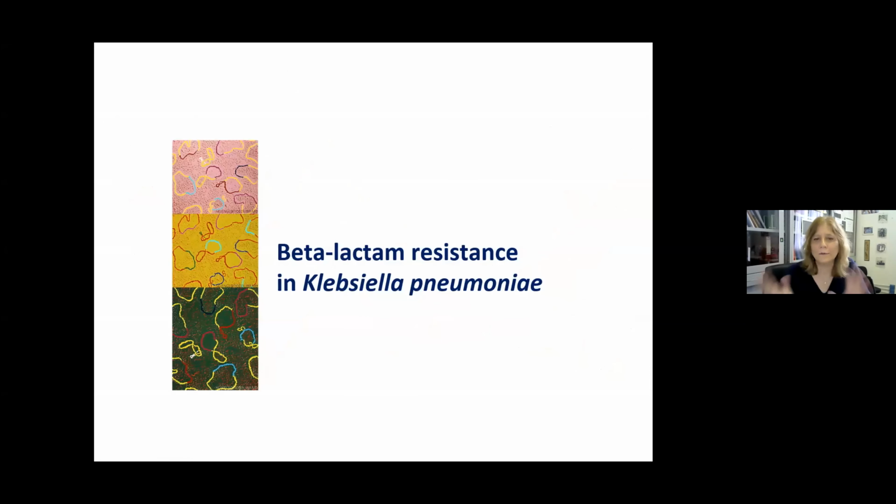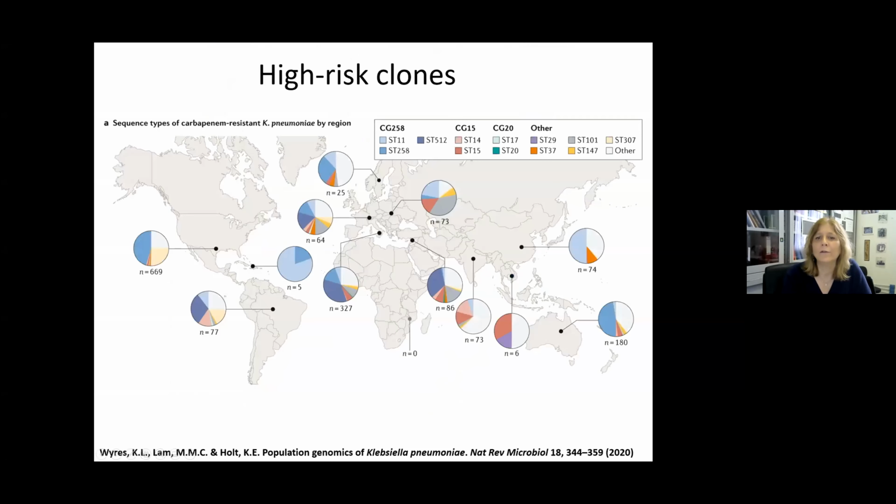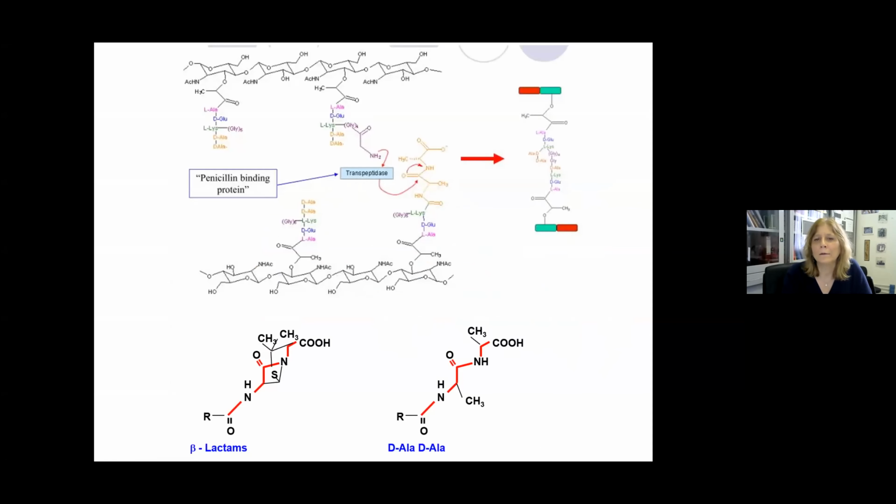Okay, so this was my brief introduction of the bacterium, but now I will continue to talk about it through my vision, which is the description of how some kind of bacteria like this one can acquire resistance to antibiotics. And I would like to start with beta-lactams because beta-lactams are a wonderful class of antibiotics.